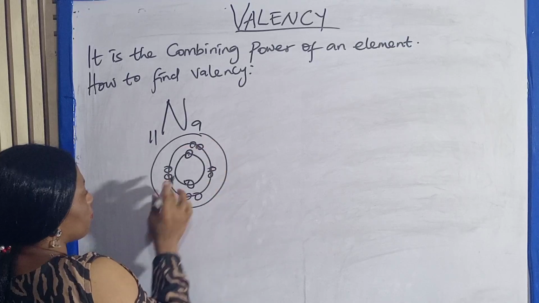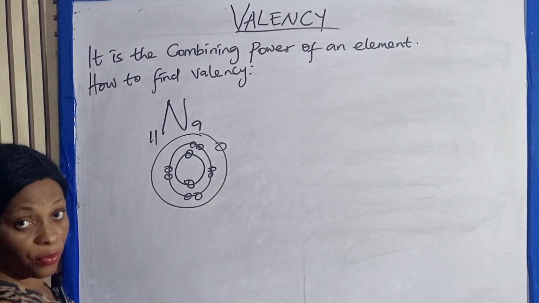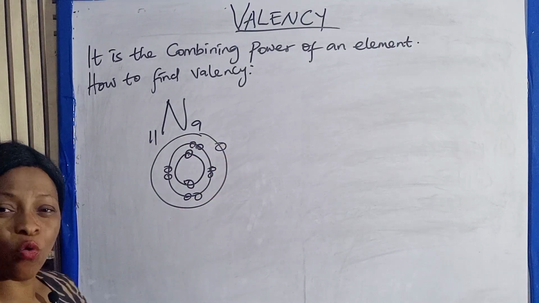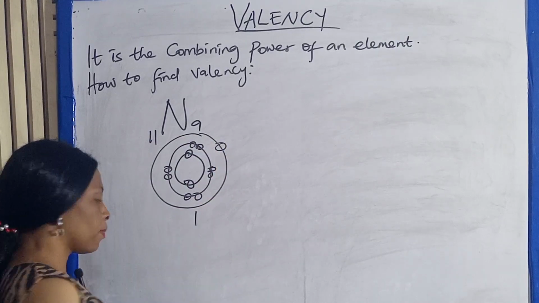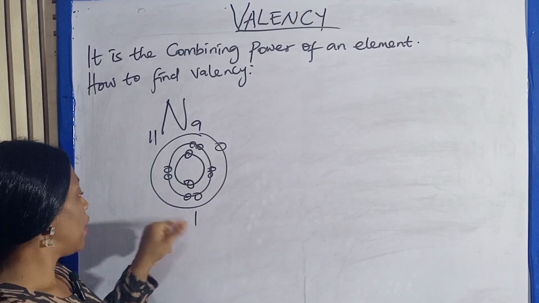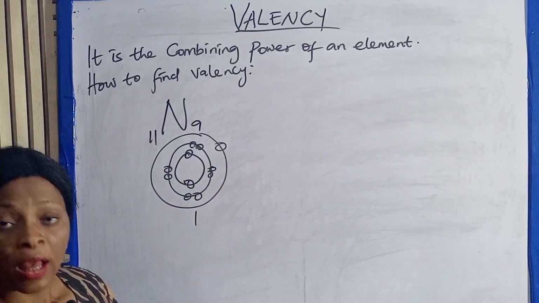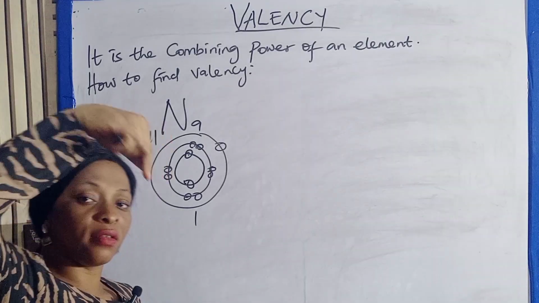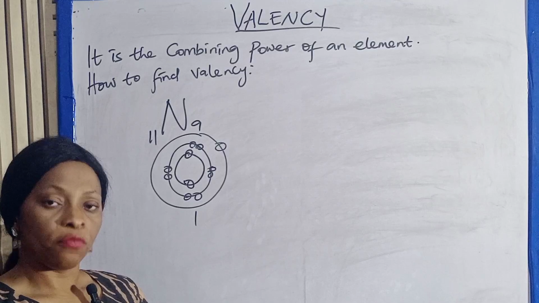It's now 8, then 11. Are we together? So it has 1 electron in the outermost shell. So what will be the valency? 1. If it had 2 electrons in the outermost shell, 2. 3 electrons in the outermost shell, 3. But when it is more than 3 in the outermost shell, you ask yourself, how many does it need to make up to 8? That would be the valency.